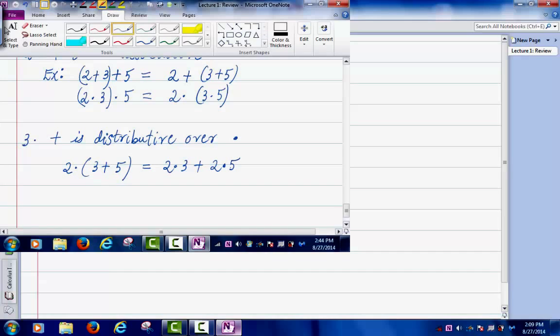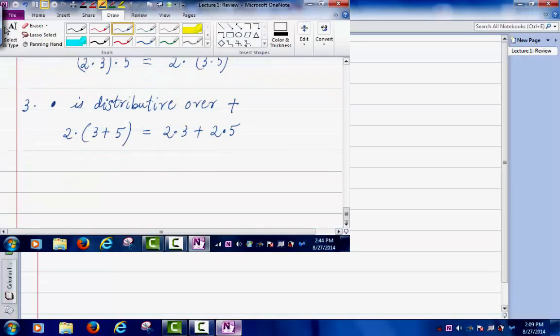Okay? So you can distribute 2 over the addition. So this is known as the distributive law.